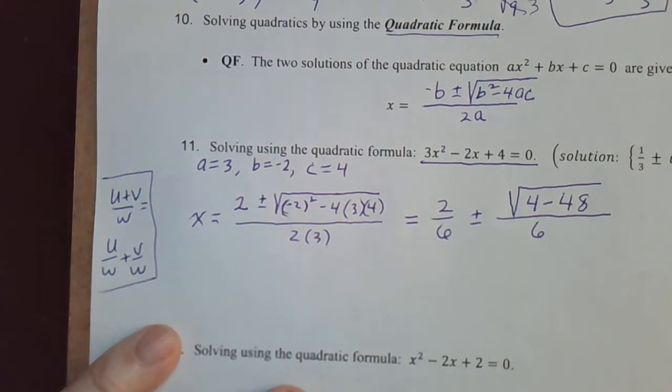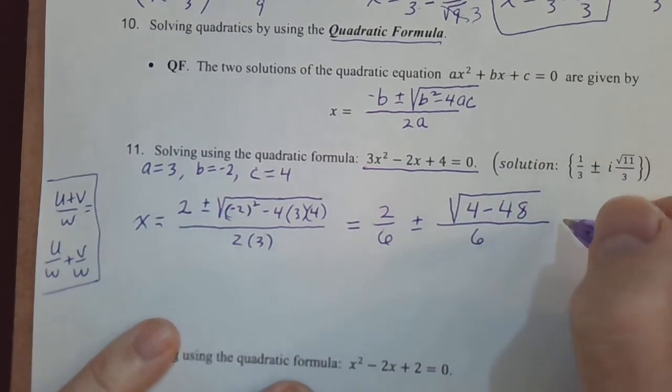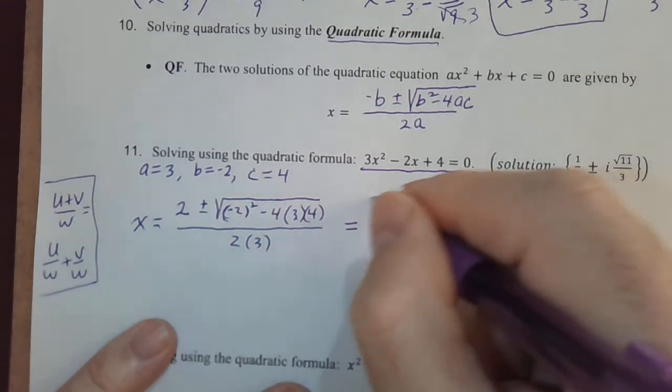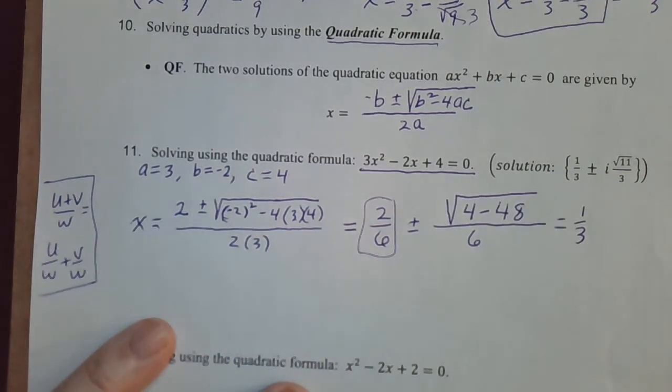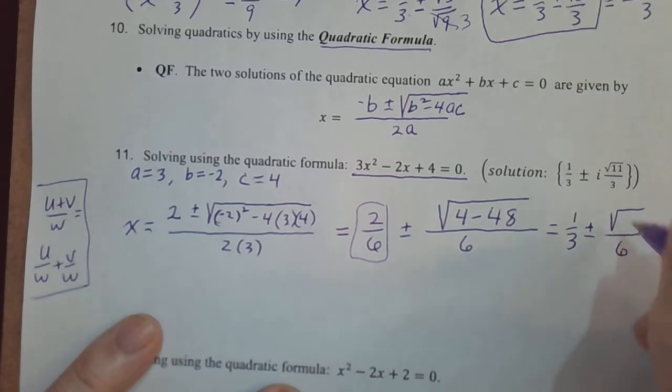All right, let's keep simplifying. Let's see, I'll go to the right, just to make sure I don't run out of room. 1 over 3, that's this part right here, plus or minus, and what is under the radical? Negative 44.